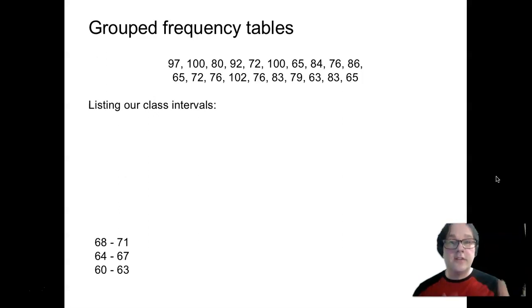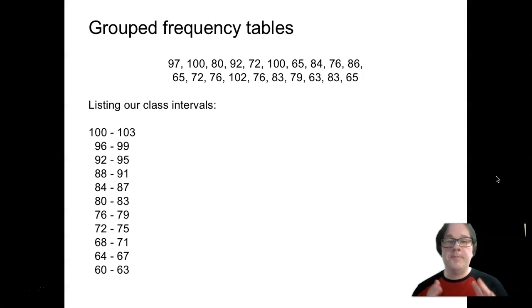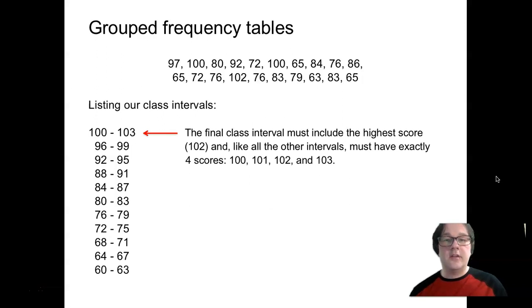And we'll do this until we have all of our scores accounted for, or until we have all 10 of our class intervals there, right? It's important that your final class includes your highest score, and that your first class interval, what we saw before, includes your lowest score, right?